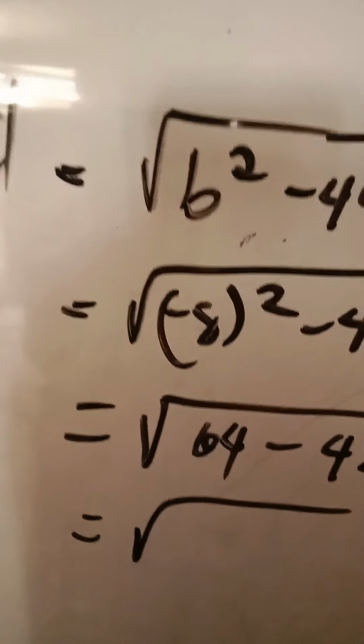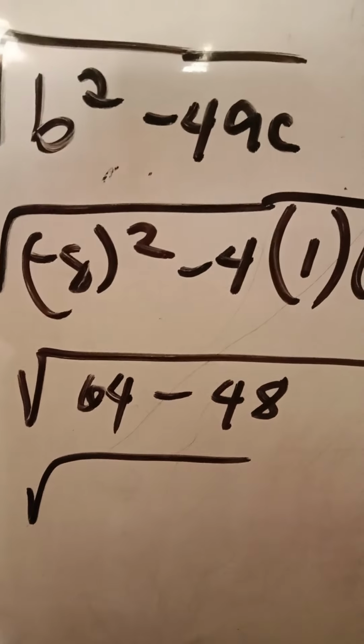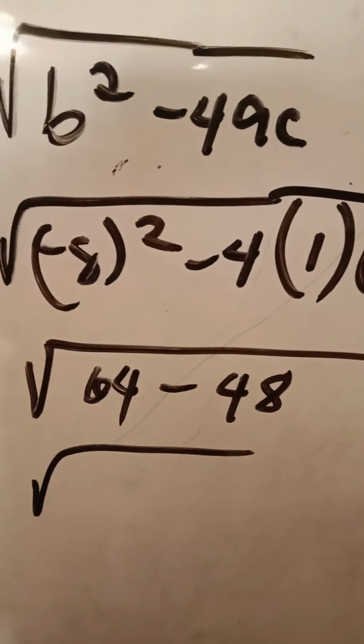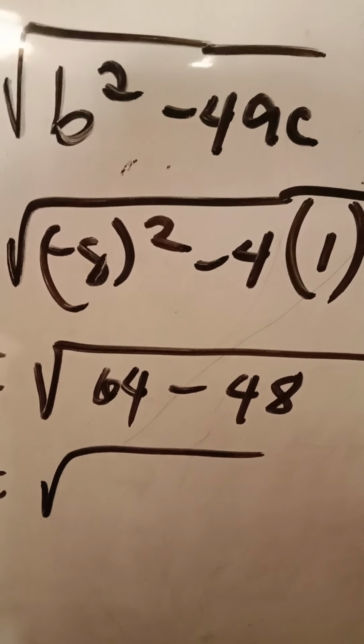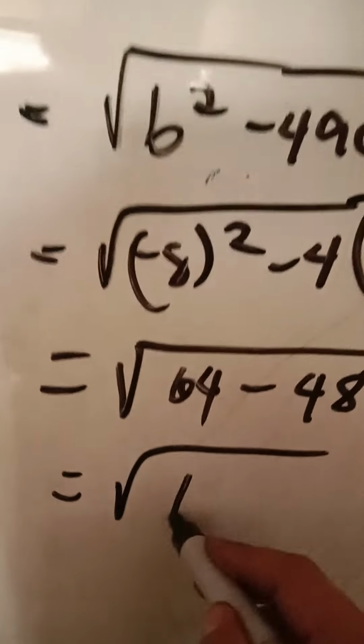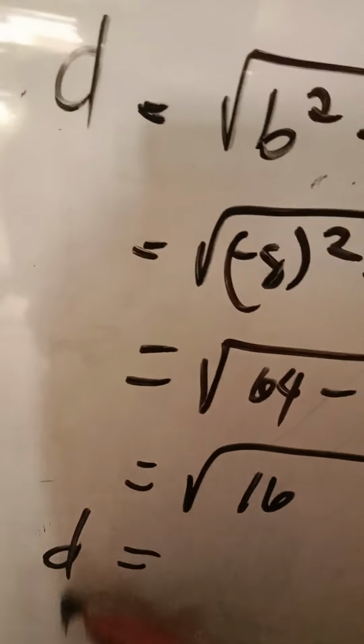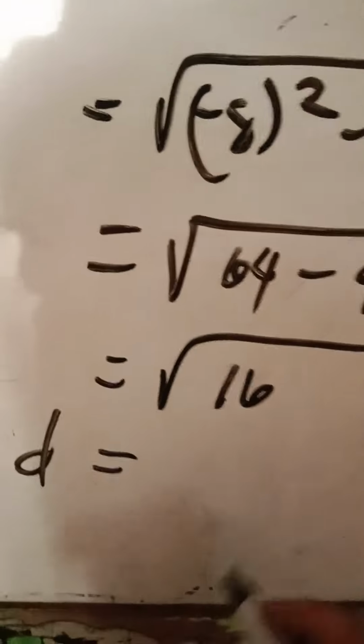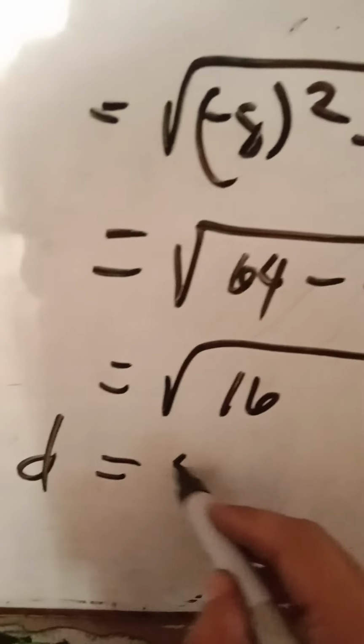So the square root of 64 minus 48 is the square root of 16. Now our D is equal to 4.